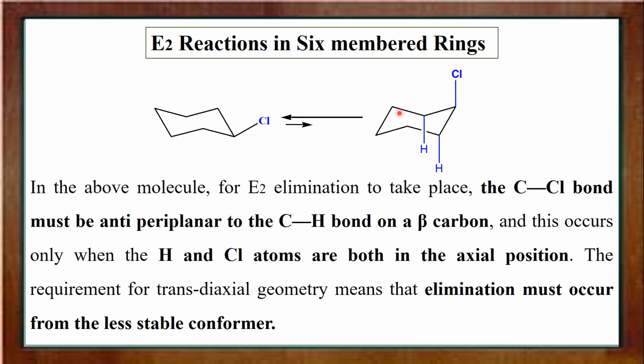Therefore, E2 elimination is possible only from this conformation, which is a less stable conformation. Therefore, for E2 elimination to take place in a cyclohexane system, the two eliminating groups should be oriented diaxially. That means elimination must occur only from the less stable conformer.